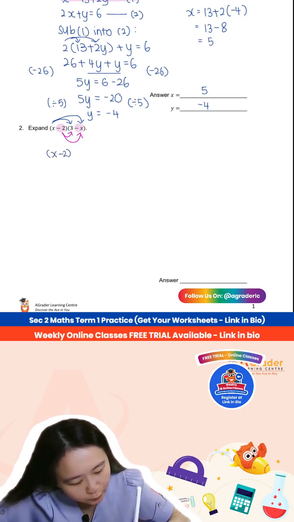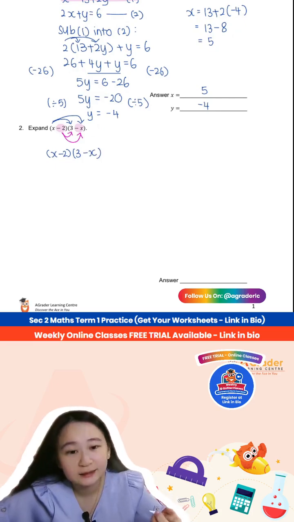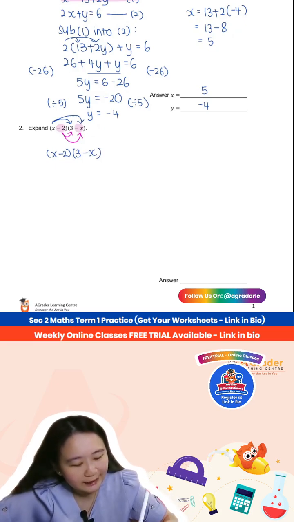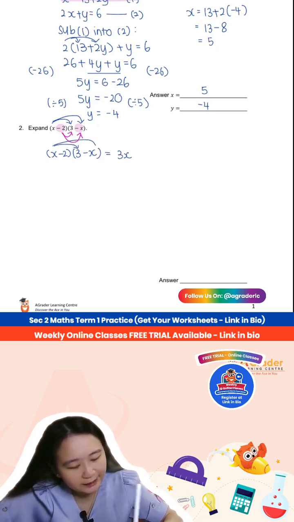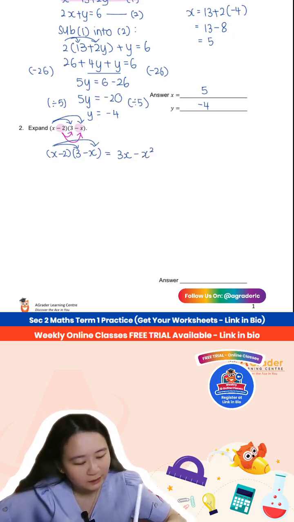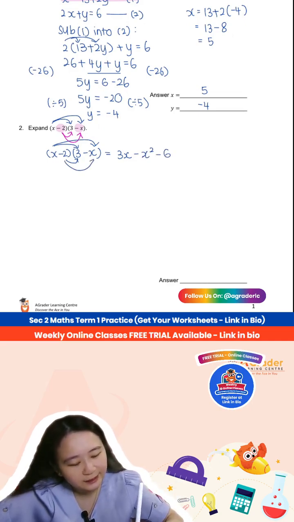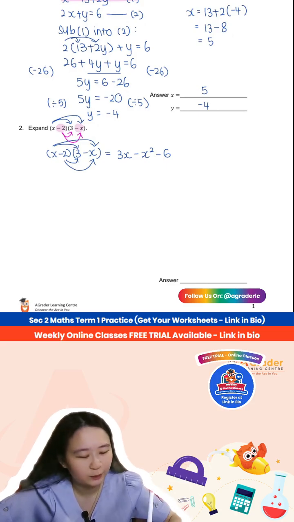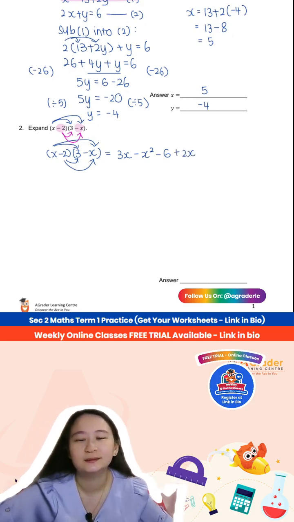X minus 2 times 3 minus x. So when we take x times 3, we get 3x. After which we take x times negative x, we get negative x squared. Then negative 2 times 3 is negative 6. And negative 2 times negative x, we have positive 2x.